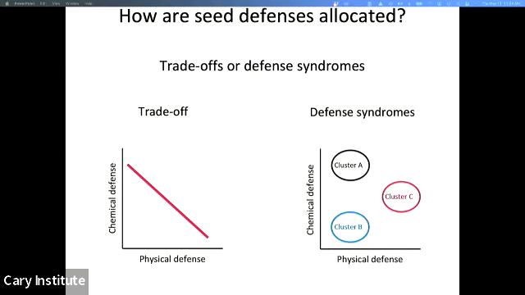And then, of course, those syndromes can trade off against one another. So this is why I said at the beginning that these 2 are not completely mutually exclusive. But at least we have these 2 ways to understand how seeds allocate defenses, right? Or energy to defend themselves.